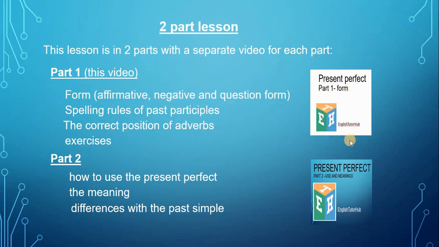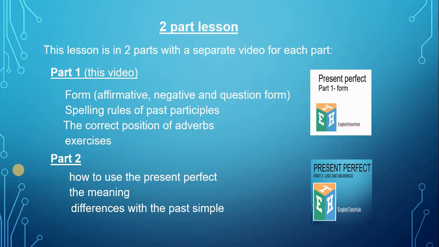In part 1, which I've already done, I explained the form: affirmative, negative, and question form. I also gave you the spelling rules of past participles, and we also looked at the correct position of adverbs and some exercises.